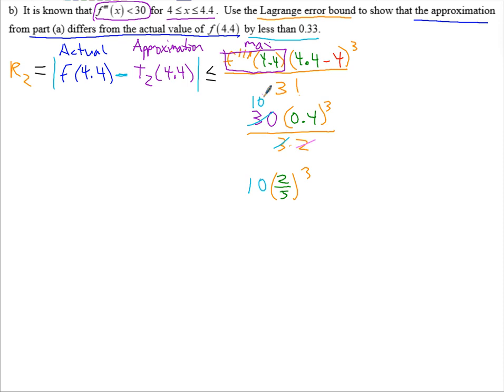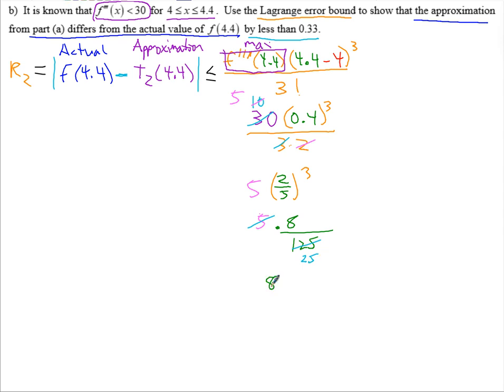So now we just have 5 out in front. So 5, and then 2 cubed is 8 over 5 cubed is 125, and then 5 goes into that 25 times. So we've got 8 over 25.